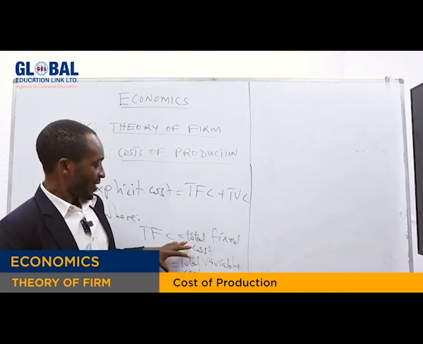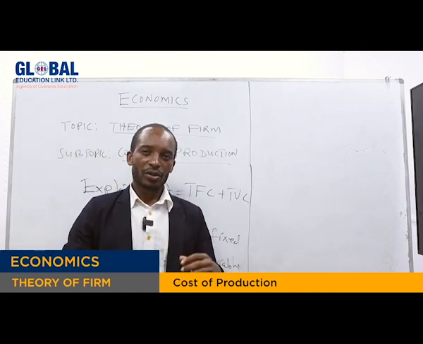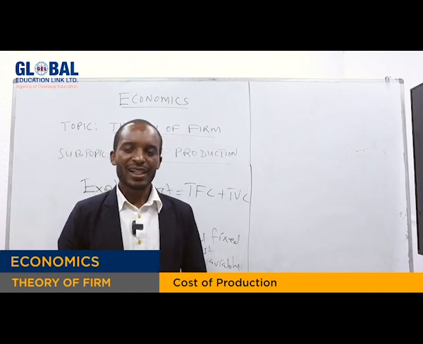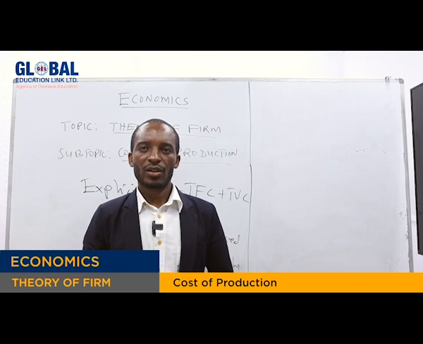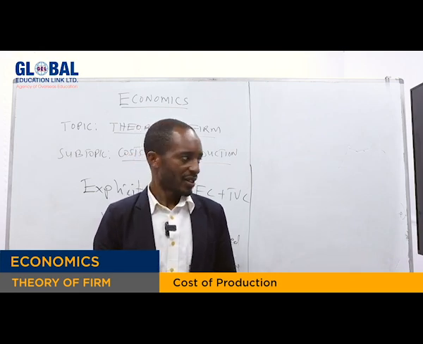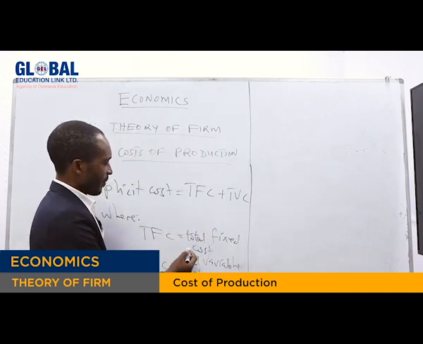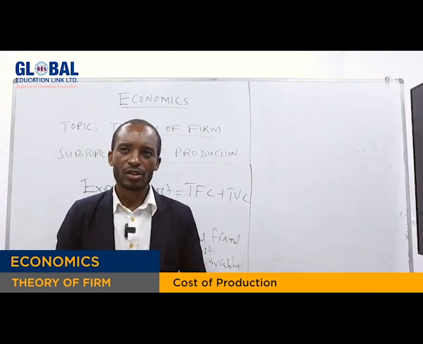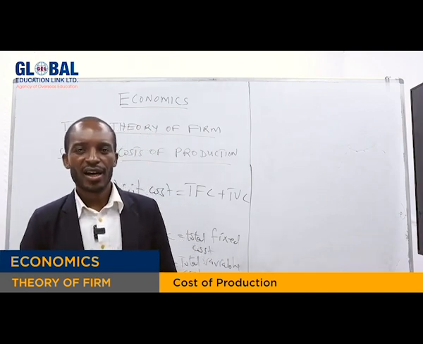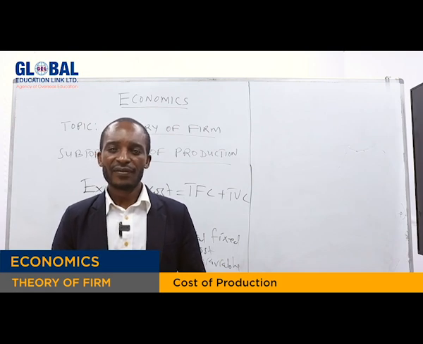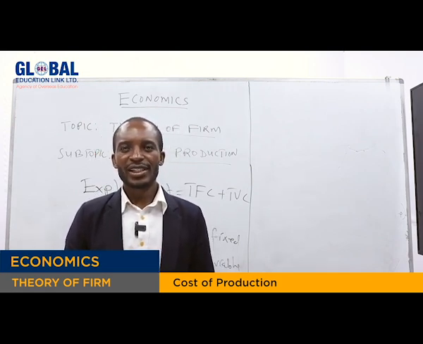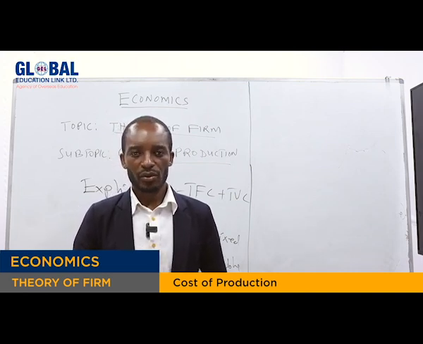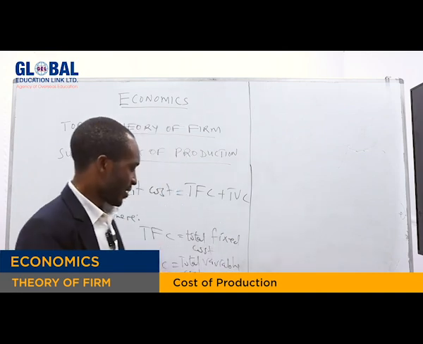When we say total fixed cost, we mean all costs that a firm incurs, especially when installing the factory or when buying machines. So this we call a fixed cost. And the total variable cost are costs or expenses that a firm incurs to buy raw materials or to pay temporary workers or wages to workers.